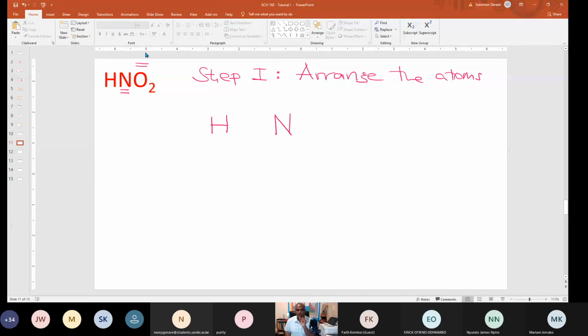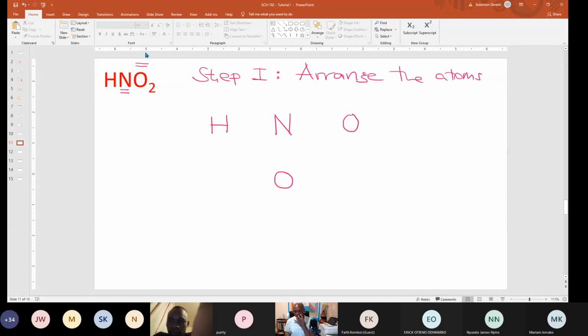Then the 2 oxygens, one of them here, another one here. As you can see, the hydrogen is on the outside. The nitrogen is surrounded by 3 atoms. The oxygens are only surrounded by 1 atom, each next to the nitrogen.